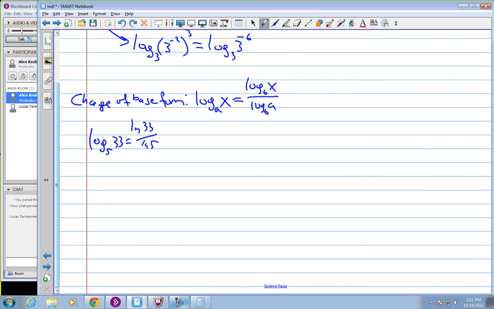But that other one, log base 7 of 798, I'm asking you for 3 decimals. So here you can do ln, you can do log, doesn't matter.